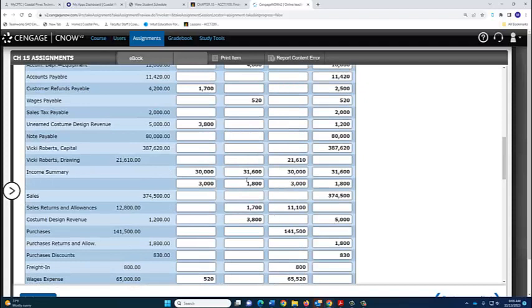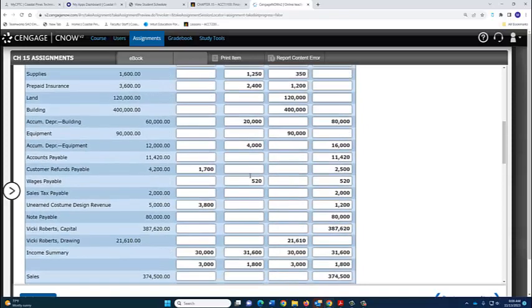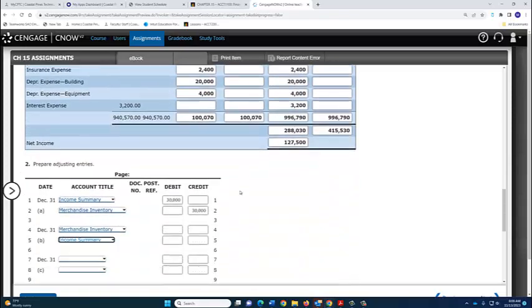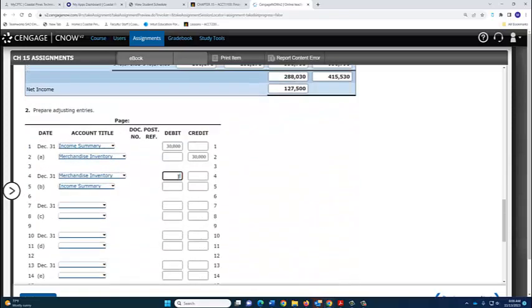So income summary had a credit of 31,600 and merchandise inventory had a debit of 31,600. So if you have your worksheet figured out and balanced, then all you have left to do is just copy your adjustments down to your journal.